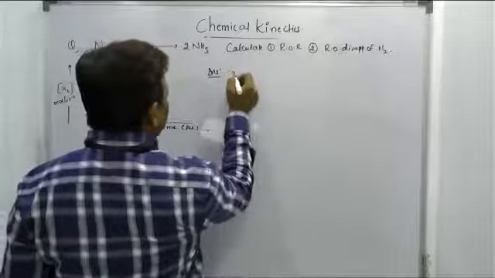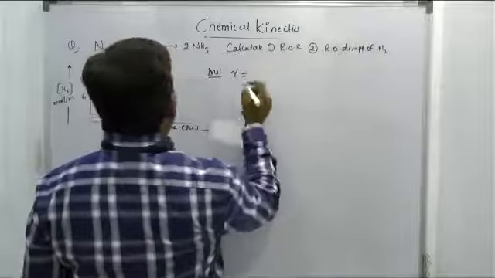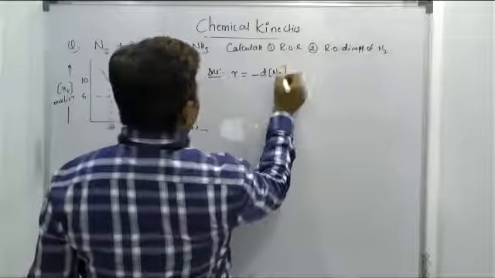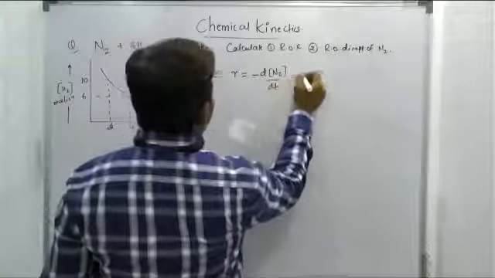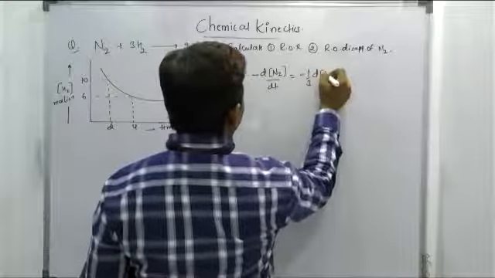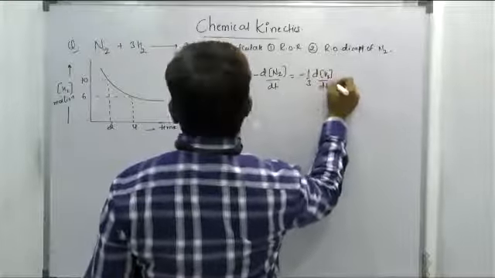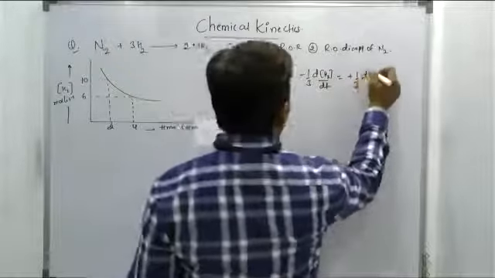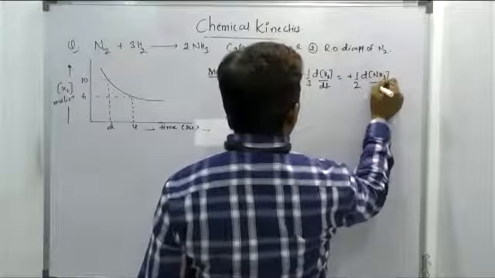Rate is equal to minus d concentration of N2 by dt, equal to minus 1 by 3 d concentration of H2 by dt, equal to plus 1 by 2 d concentration of ammonia by dt.